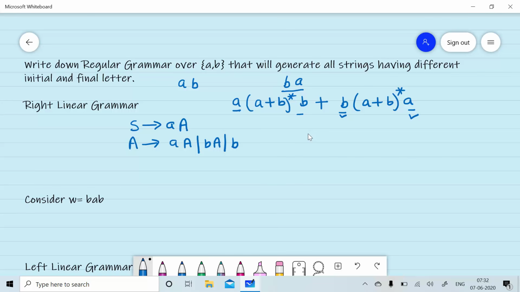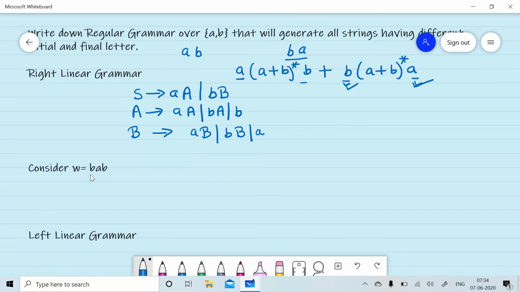The second option is if it is starting with b, it must end with a. So we will write down another rule for S, that it starts with b and B will ensure that it will end with a. So any combination of a and b, then ending with a.